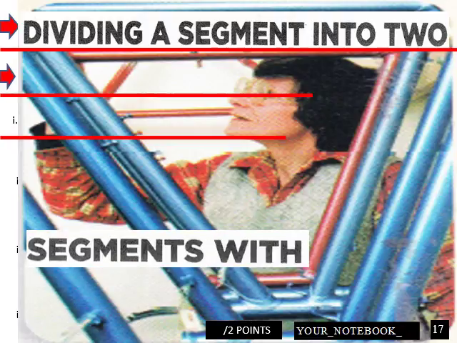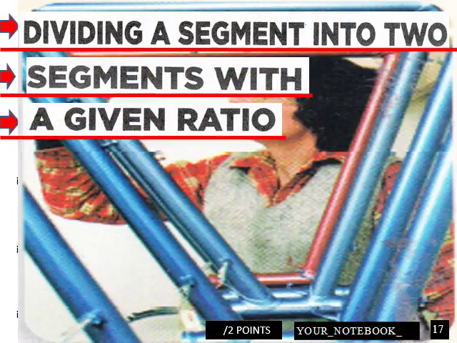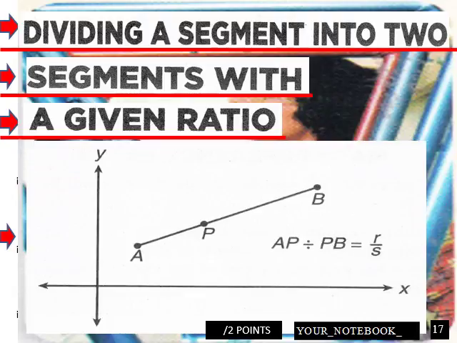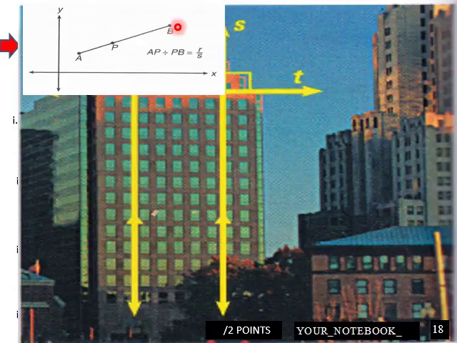Dividing a segment into 2 segments with a given ratio. Here is our ratio that we're using to find point P, R over S. This is our diagram again.